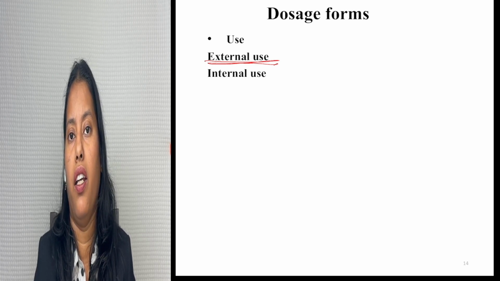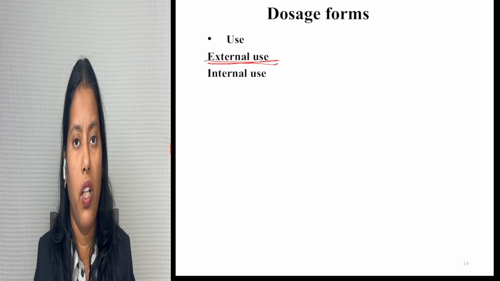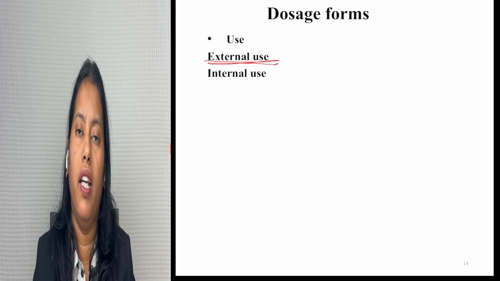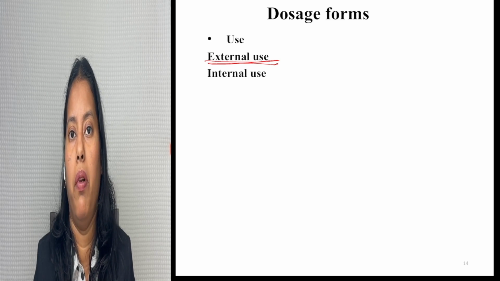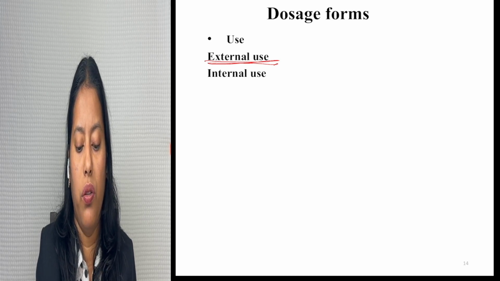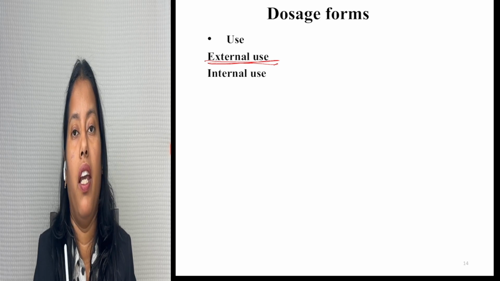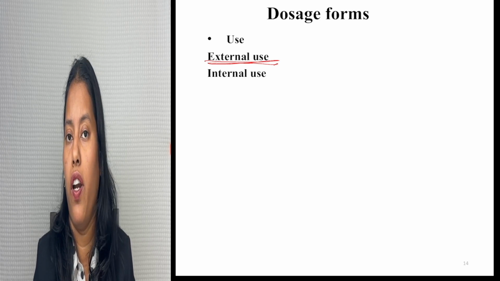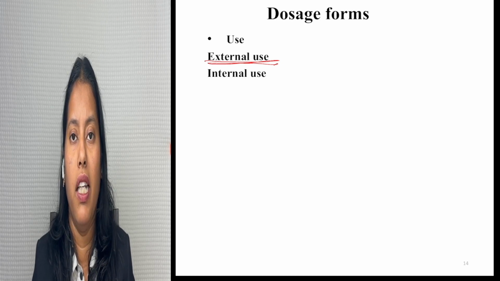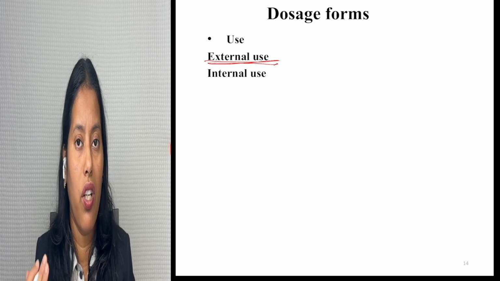When you have a headache, sometimes you put on an ointment and you feel relief from the headache, but you do not take a tablet. So that is the external use. When you have ear pain or ear infection, sometimes you put ear drops or ear ointment and you get relief. So that is the external use.